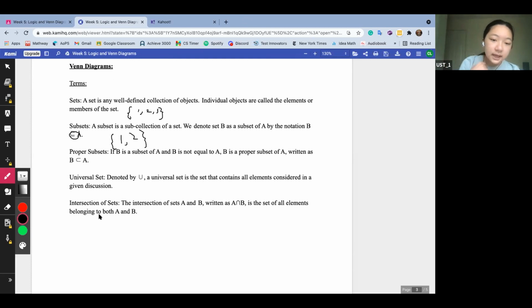The universal set is denoted by that symbol, and it's the set that contains all of the things.